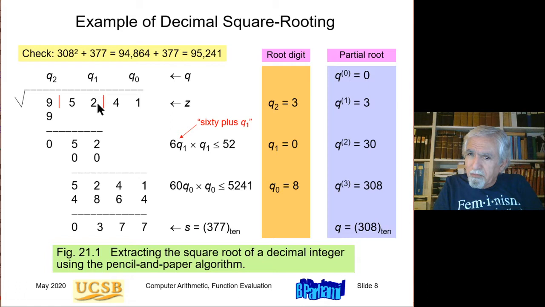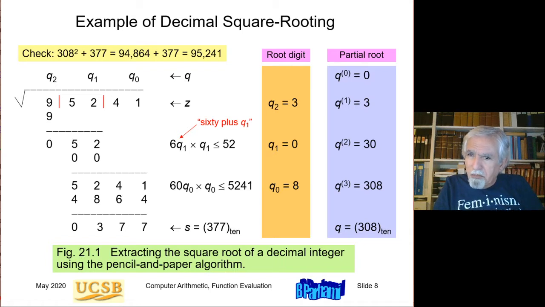In other words, if I get 3 groups here, the root will have 3 digits. And this is easily provable. That a k-digit decimal number has a k over 2 digit root. Okay, so if k is odd, then it's a k plus 1 over 2 digit root.